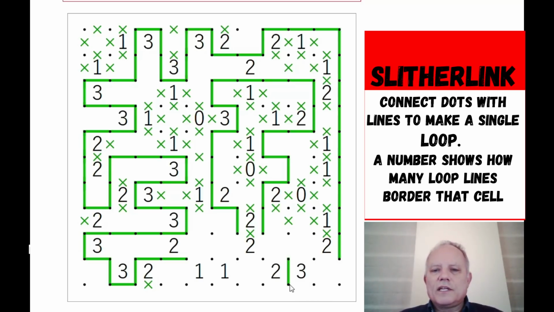The reason this is not here, I'm putting a line in here. If I didn't put a line in there, I would have to put 2 lines here, and this 2 couldn't be achieved. So therefore I'm putting a line in there. It doesn't finish this 2 off. Actually, no, it doesn't, no.